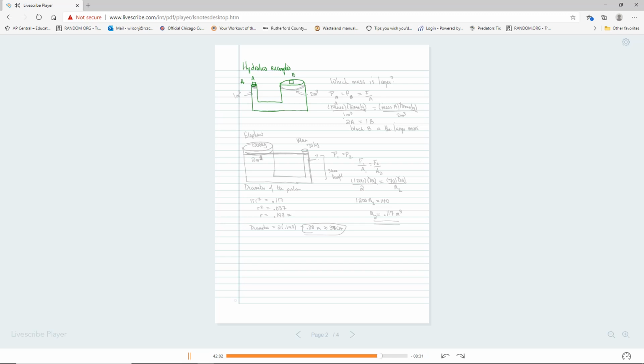We have a thin tube, a big tube. So here's piston A with a box on it. Here's piston B with a box on it. And it says that the area here is 1 meter cubed and the area here is 2 meters cubed.